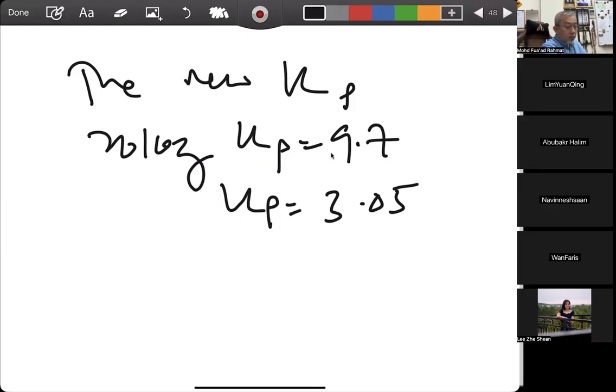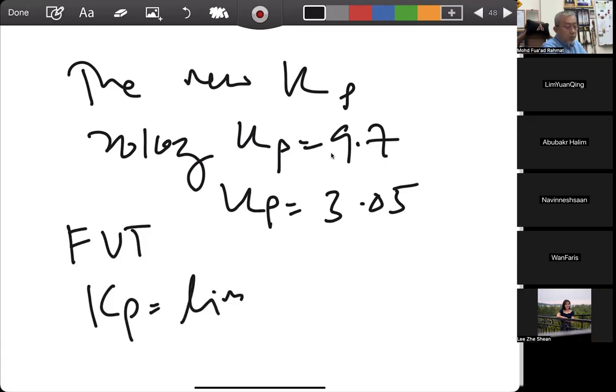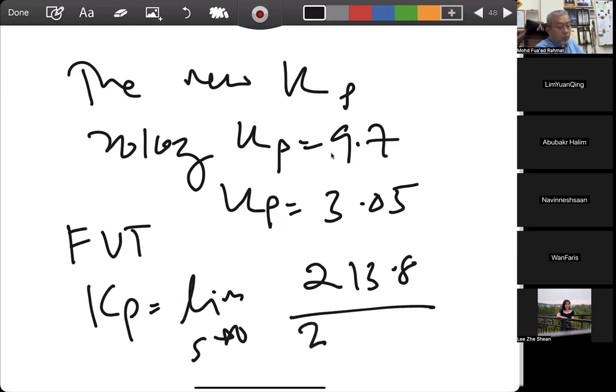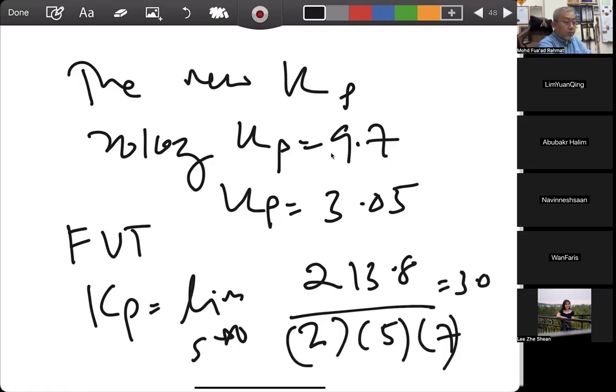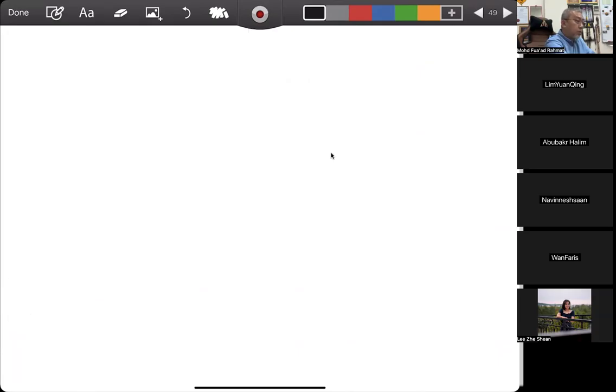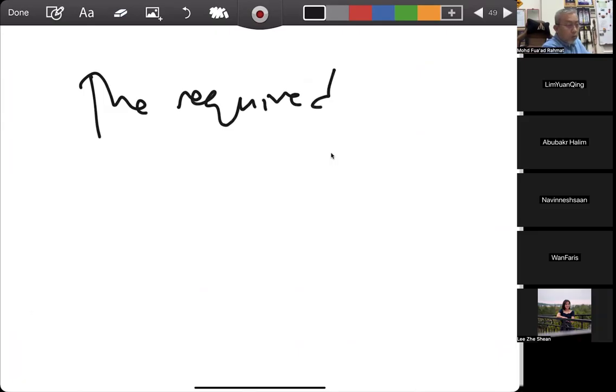Then using the final value theorem, KP is equal to limit s to 0 of 3.8 divided by 257, which is the same 3.05. Okay. Therefore, the required KP is not achieved.